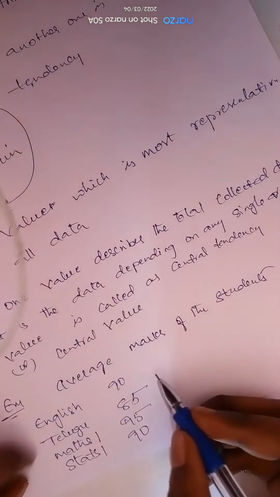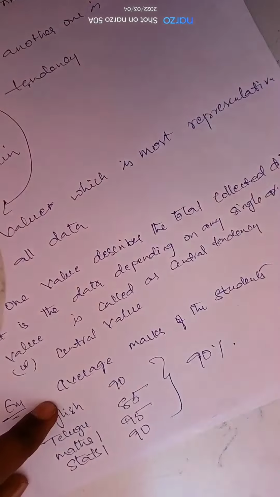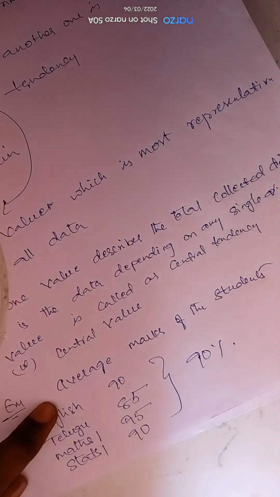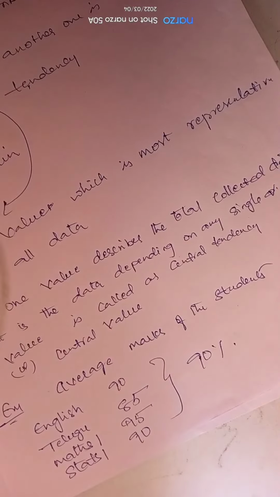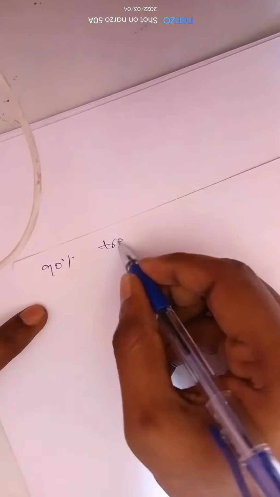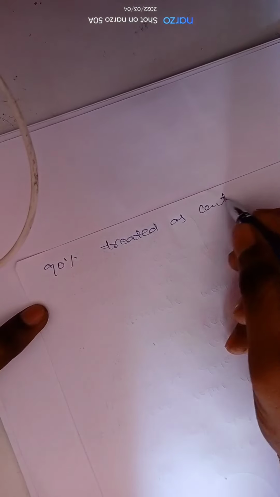These four subjects must be converted into a single value, a 90 percent average. So 90% is treated as the central value.